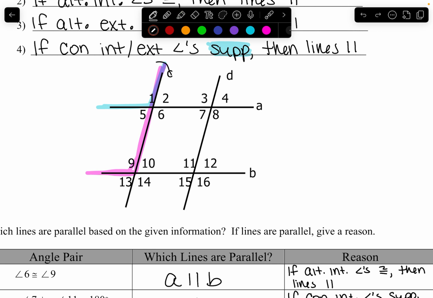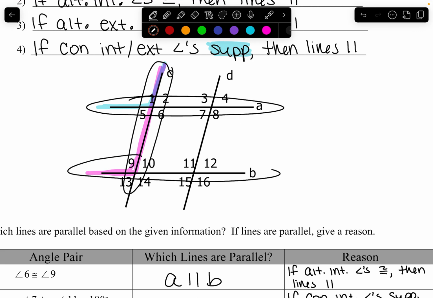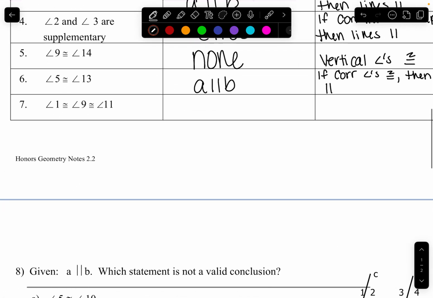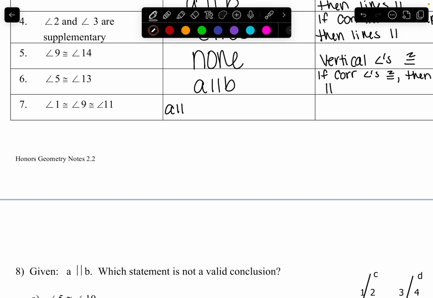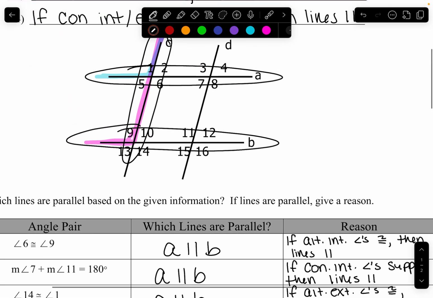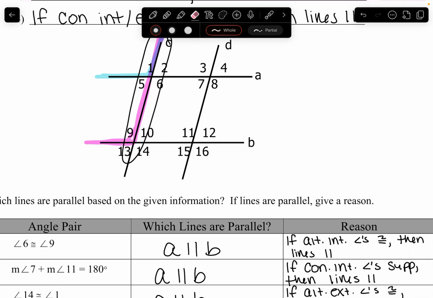Angles 1 and 9 share line C. Therefore, their other parallel lines are going to be A and B. So we're going to start by saying A is parallel to B. And then let's see, what's the relationship of 1 and 9? Angles 1 and 9 appear to be corresponding.